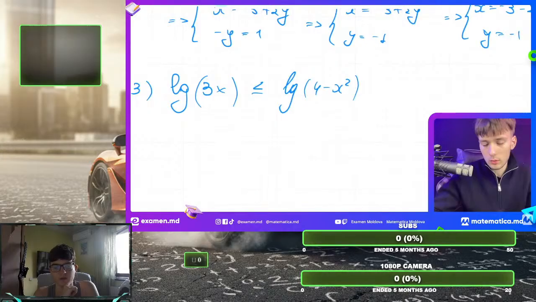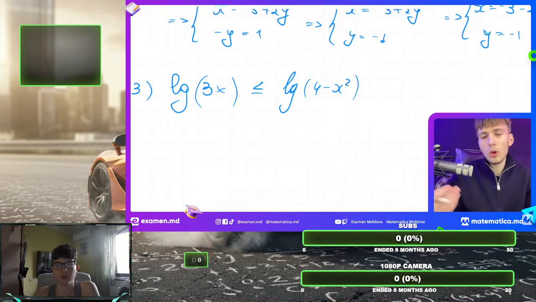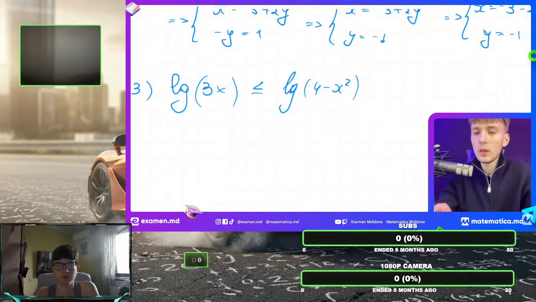So we have the same base here, and we can work with it by just working with what's in the parentheses, and then we're gonna do the graph, pop the dots, so on. This is what we'll do right here.